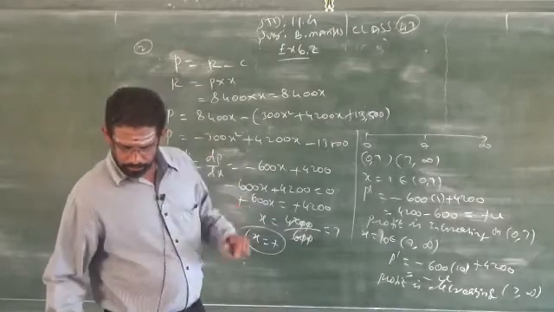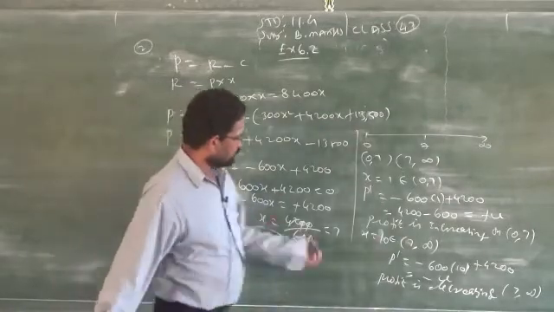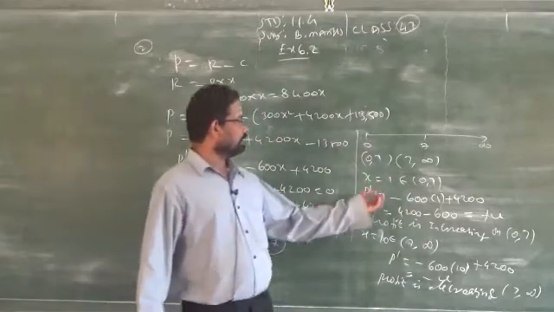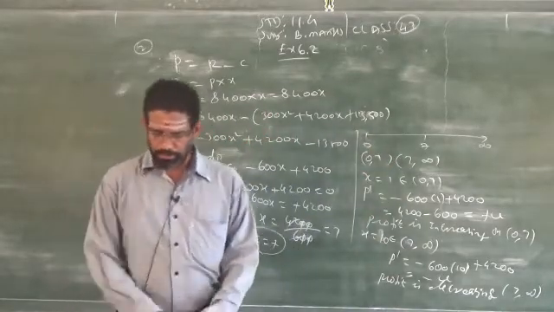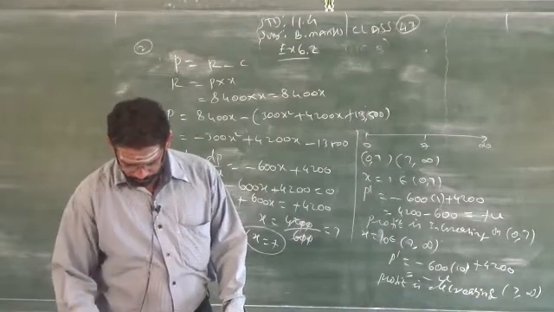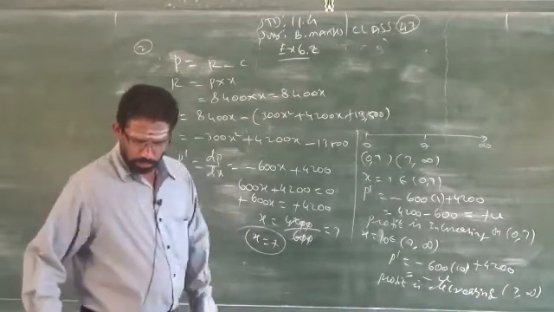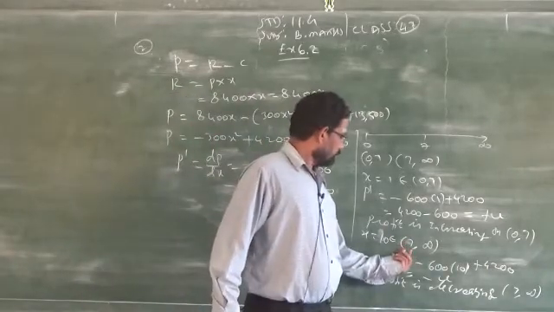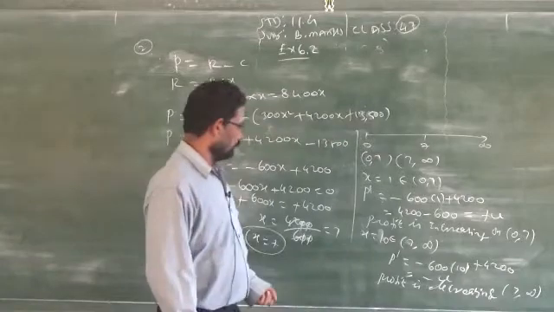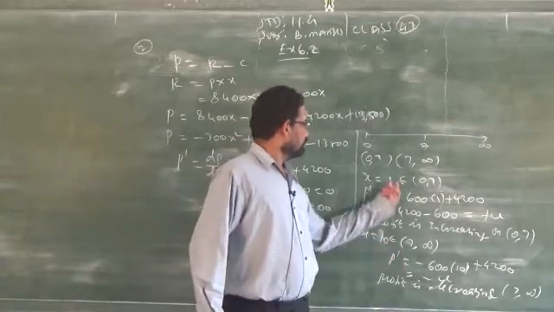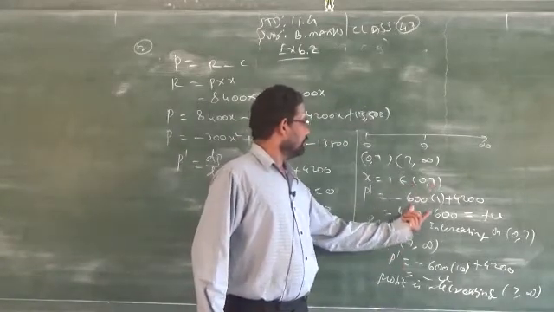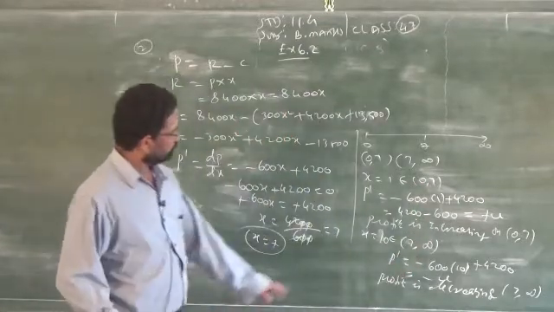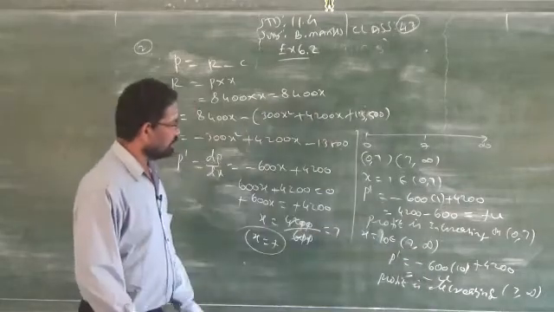Show that the profit of the company is increasing. If you take x equal to 10, you will get a negative answer. If you take x from the limits 0 to 7, you will get a positive answer. Clear? So in 0 to 7 it is increasing, whereas in 7 to infinity it is decreasing.